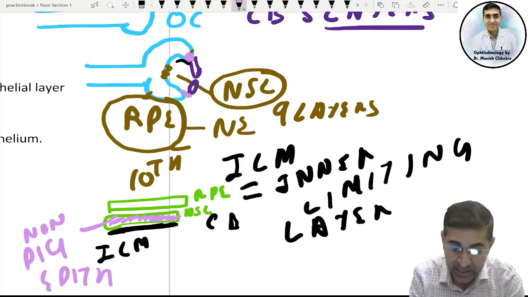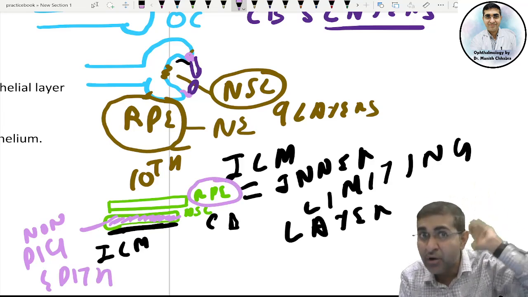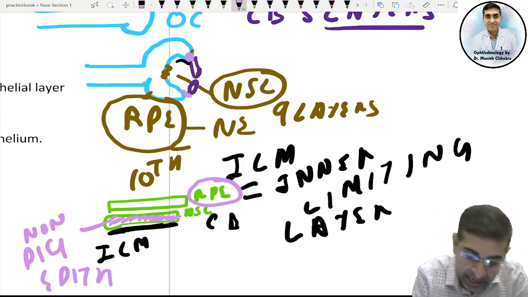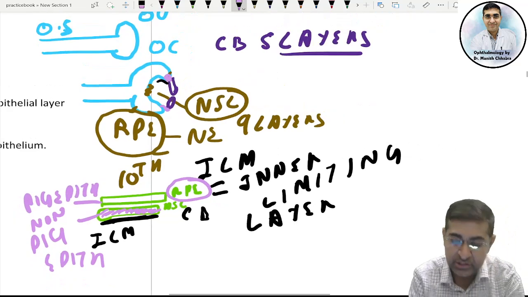But the RPE, which was forming the retinal pigment epithelium of the retina, will move forward and form the pigment epithelium of the ciliary body.